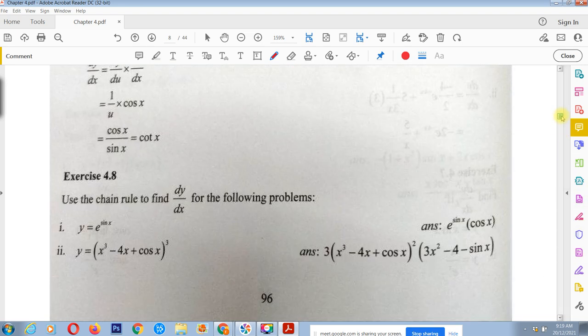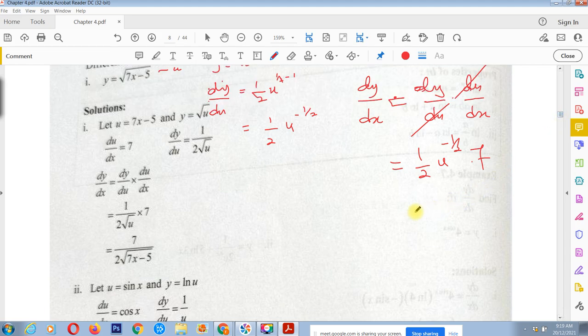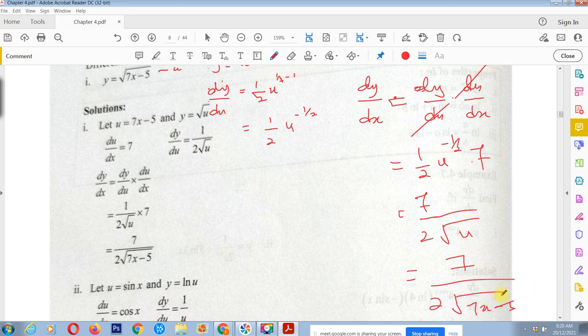So we will get 7 over 2 square root of u. What is u? u is 7x minus 5. So that's what we get.